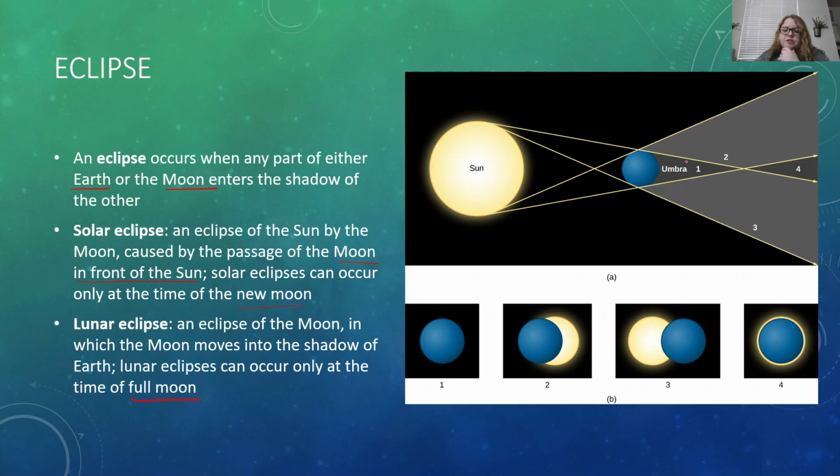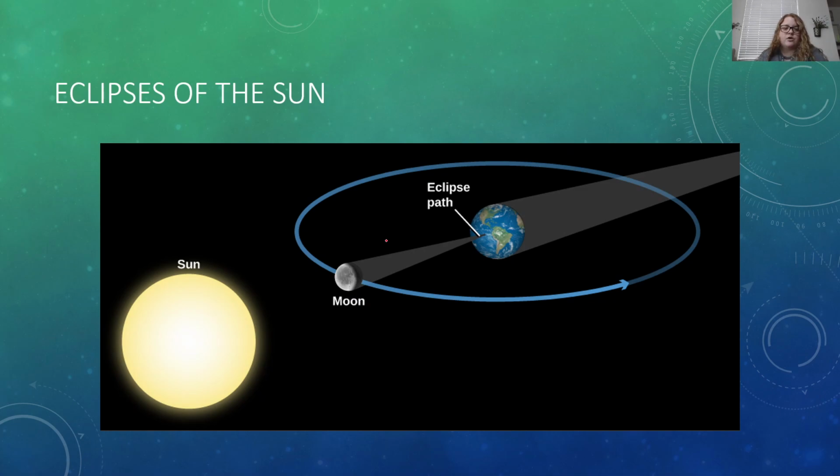So these are just some different perspectives, but let me get a little bit more in detail about solar eclipses and lunar eclipses. Okay, so this is going to be a solar eclipse. So we've got the earth, the moon, and the sun. So the sun has rays hitting the moon, lighting up this side, and there is a shadow that is cast onto the earth, and this will be the eclipse, and it will travel as we rotate.